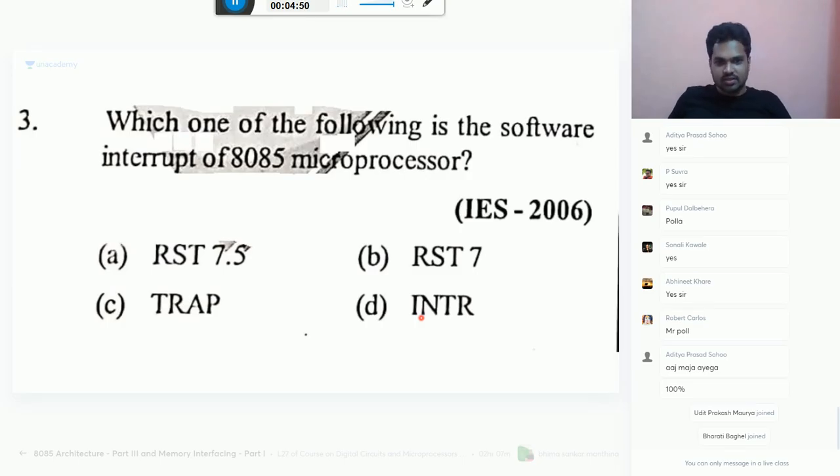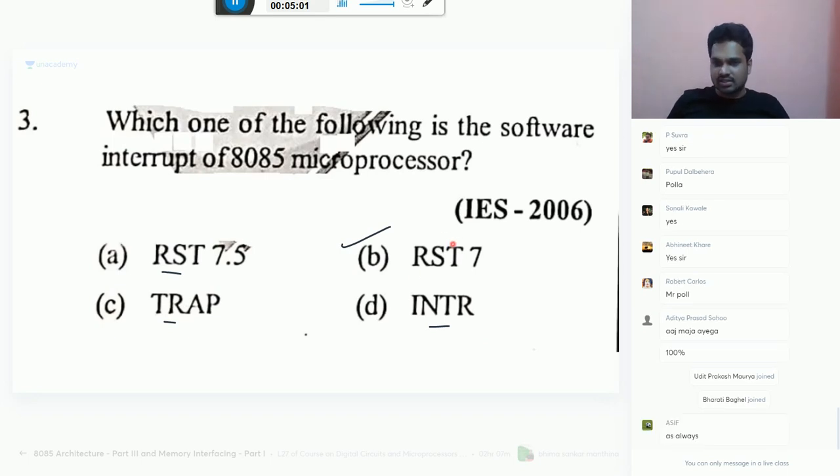Harsh, you are the first. So we know it. All these are hardware interrupts. RST 7.5, 6.5, TRAP, INTR are hardware interrupts, and only RSTn, that is RST 0 to 7, are software. Yesterday in class I discussed this point. Why did you people get a doubt in this? INTR is non-vectored, but software is RSTn.